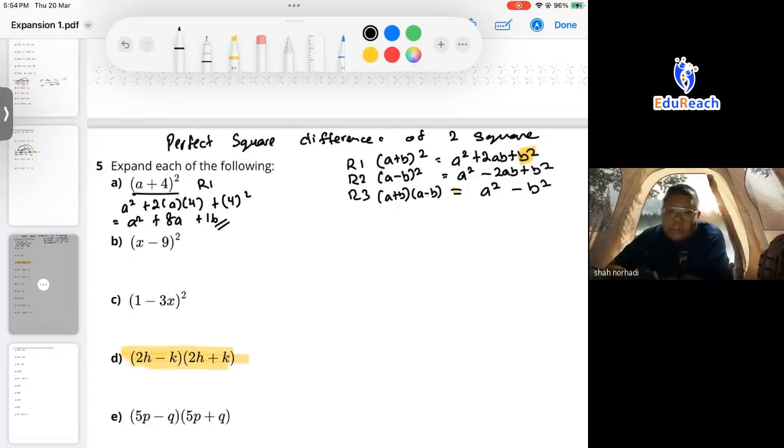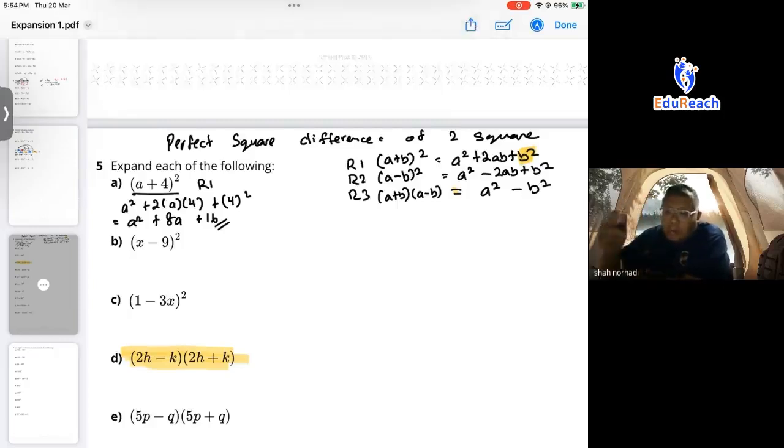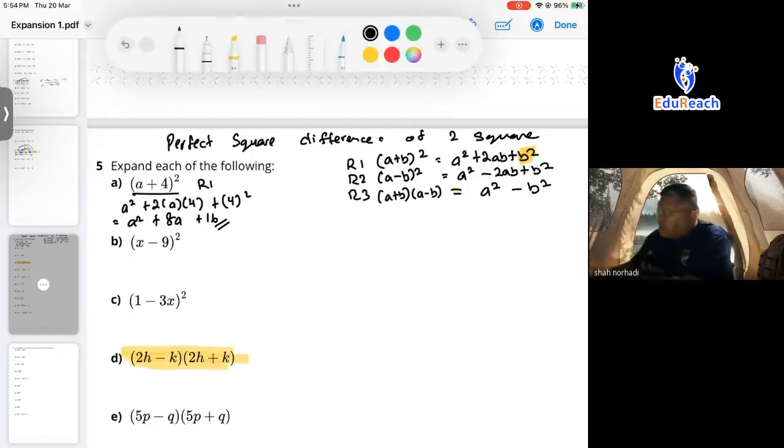Okay, I'll do the second one also. So the second one looks like a root 2. So it will be x squared minus 2 bracket x, bracket 9. Then plus 9 bracket square.